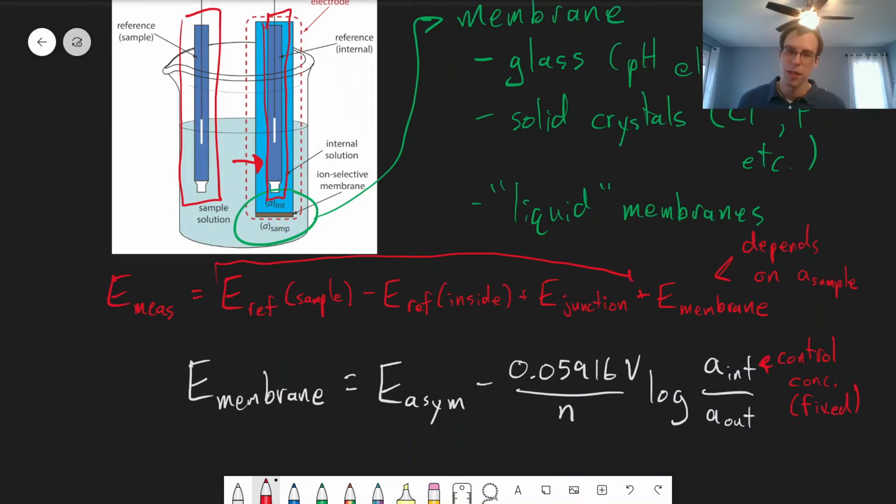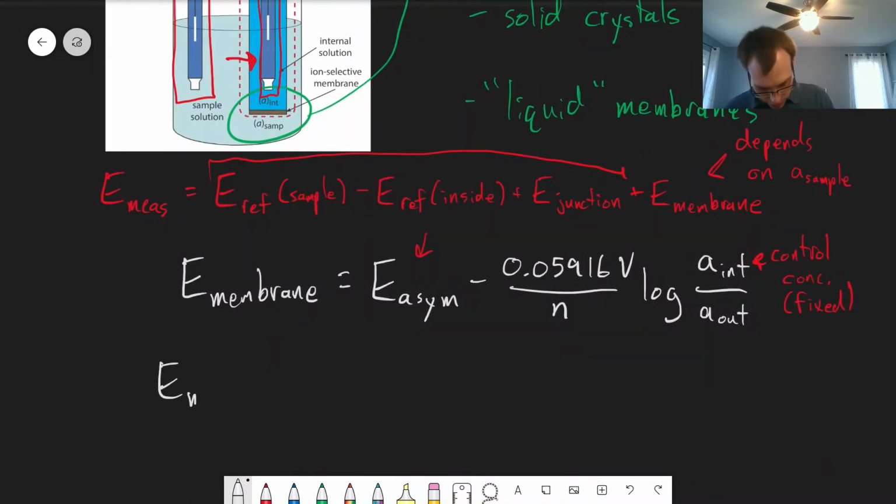So this is going to be a constant. This E asymmetric, ideally, is zero. Basically, when the internal and external activities are equal, there should be no potential across the membrane. In practice, that's not the case. There's usually some asymmetry here, but that's a fixed value. That's just a number.